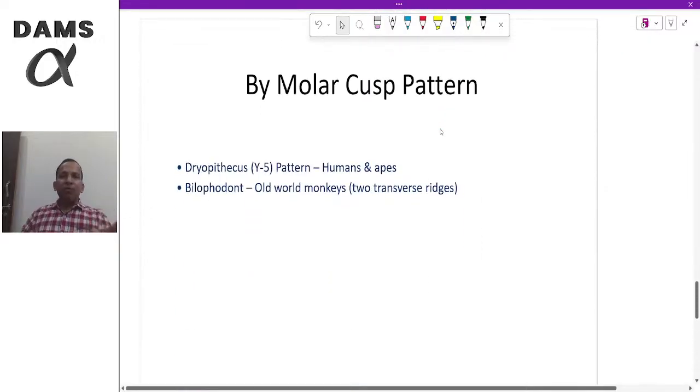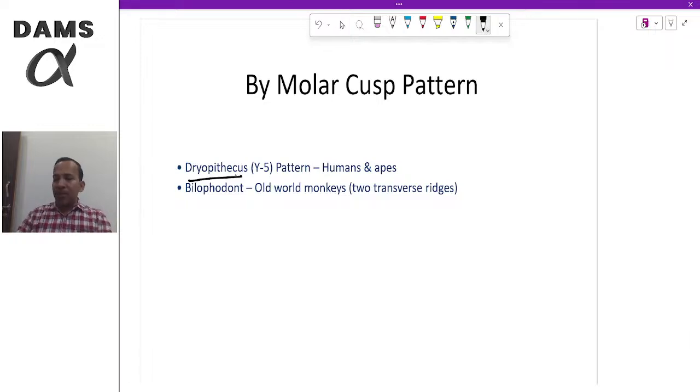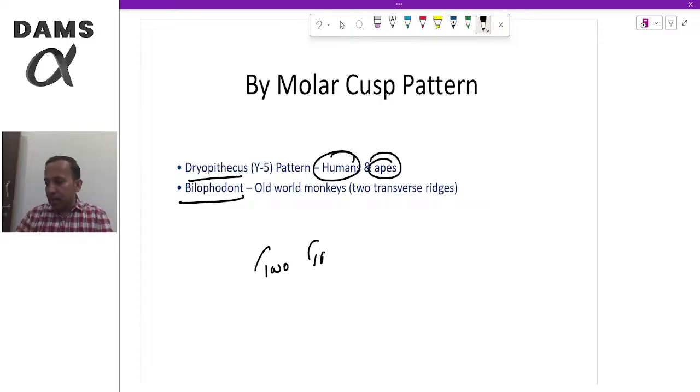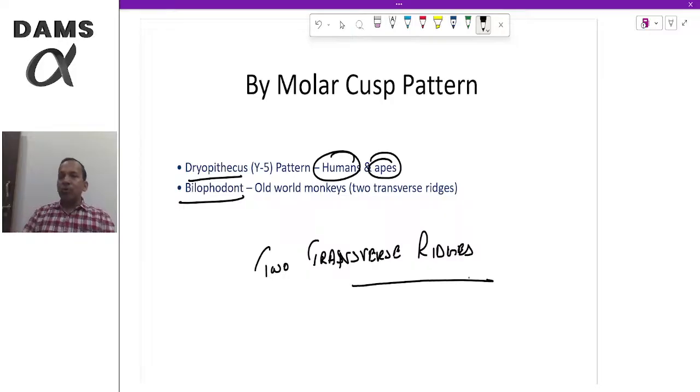Based on molar pattern, Dryopithecus and bilophodont. Dryopithecus we discussed in the beginning of this discussion, that it has a Y-shaped central groove and it has 5 cusps, right? So examples are human beings and apes. Bilophodont, what is bilophodont? It has 2 transverse ridges. Not just 2 transverse ridges but 2 prominent transverse ridges.